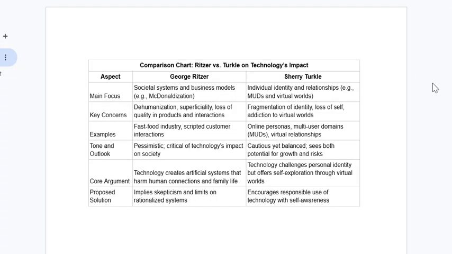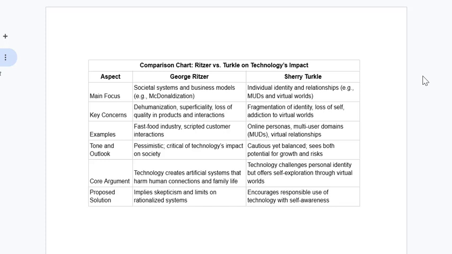If you take a look at this comparison chart of Ritzer versus Turkle on technology's impact, you can see that Ritzer focuses on societal systems and business models, whereas Turkle focuses on individual identity and relationships.